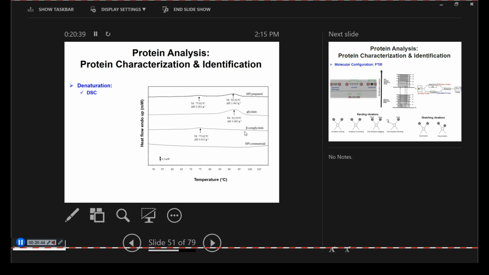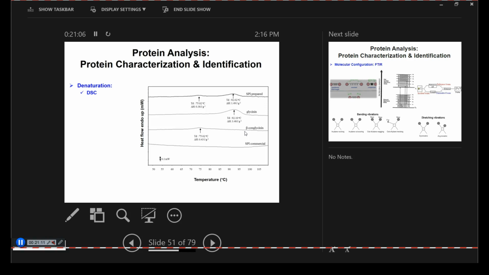The change in enthalpy is the amount of energy required to denature that protein. And it is corrected for the amount of protein, so it's joules per gram of protein. Okay, and then you see here there is another one that we looked at, which is a purified fraction that is just glycinin.